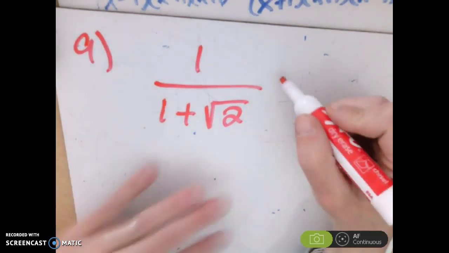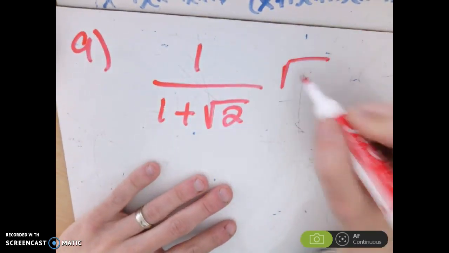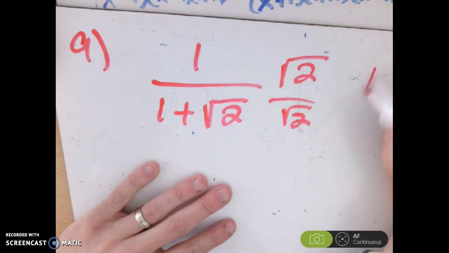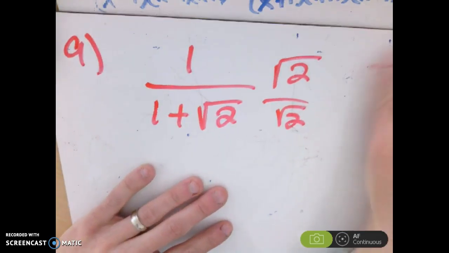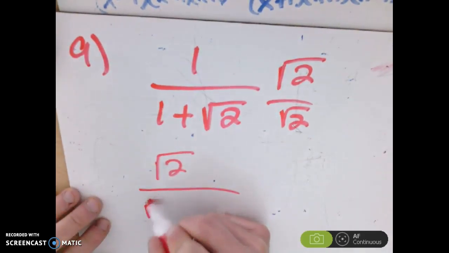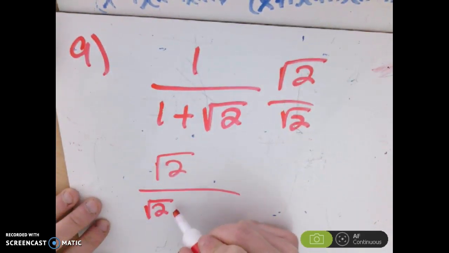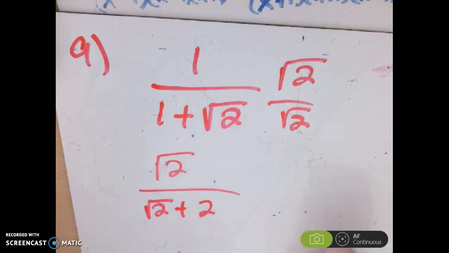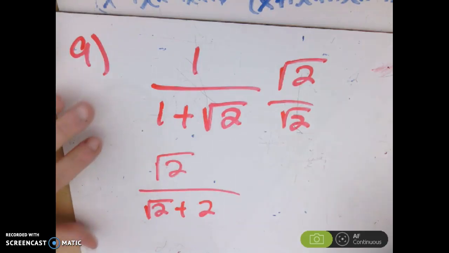But if I just do my normal square root of 2 over square root of 2, I'll get the square root of 2 over the square root of 2 plus 2. And now that doesn't make it any simpler. So I have to figure out a different trick than just multiplying by the square root.